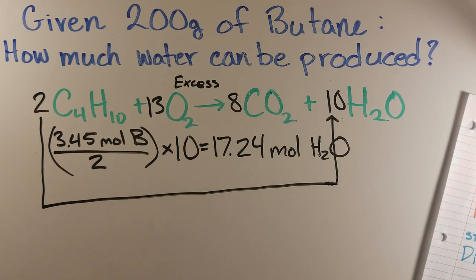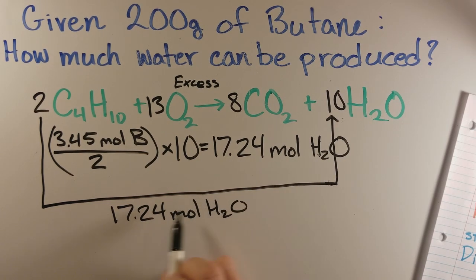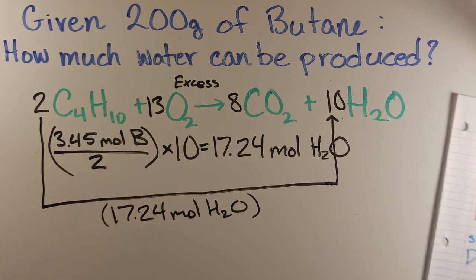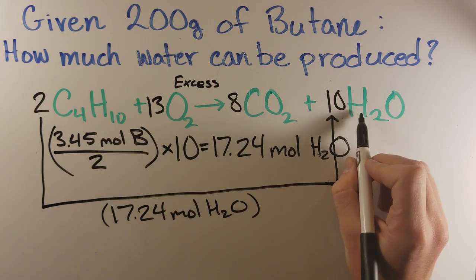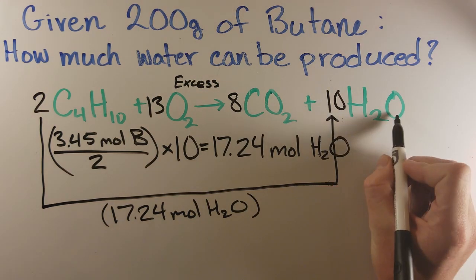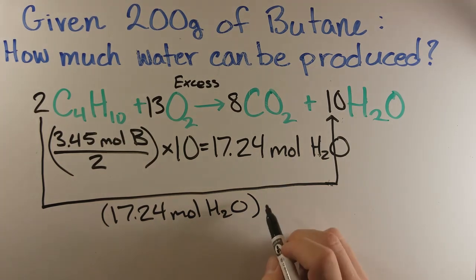Now, if you're, again, interested in getting it in units of grams or something else, you need to take it one more step by saying, okay, if we have 17.24 moles of water, how many grams did we produce? Well, it's just what we did before, another conversion. We know that hydrogen has a molar mass of 1, oxygen has a molar mass of 16, so it's a total molecular mass of 18.